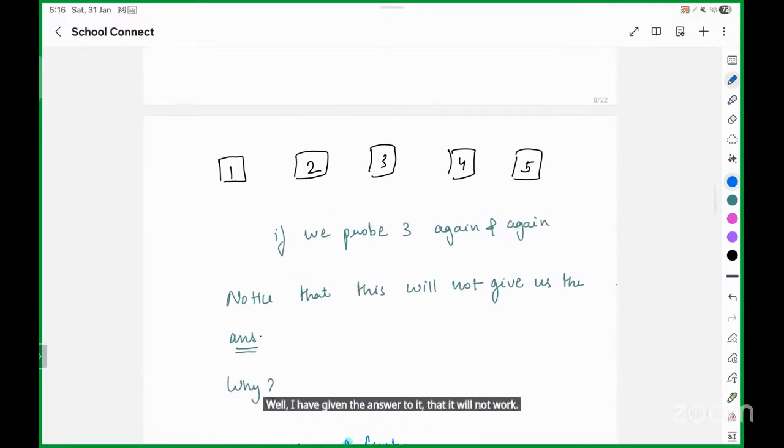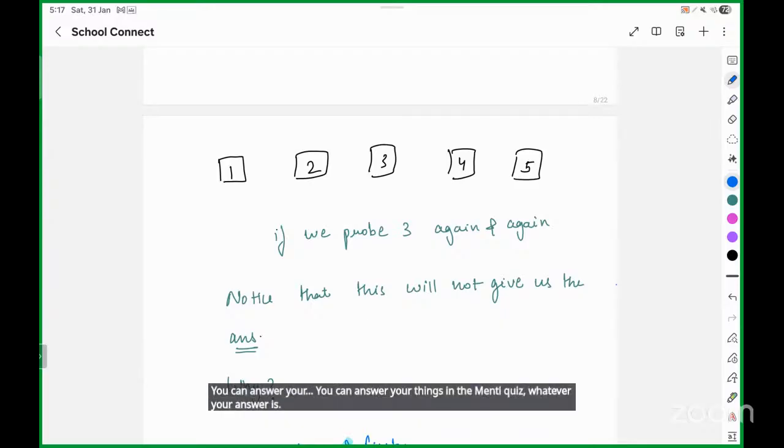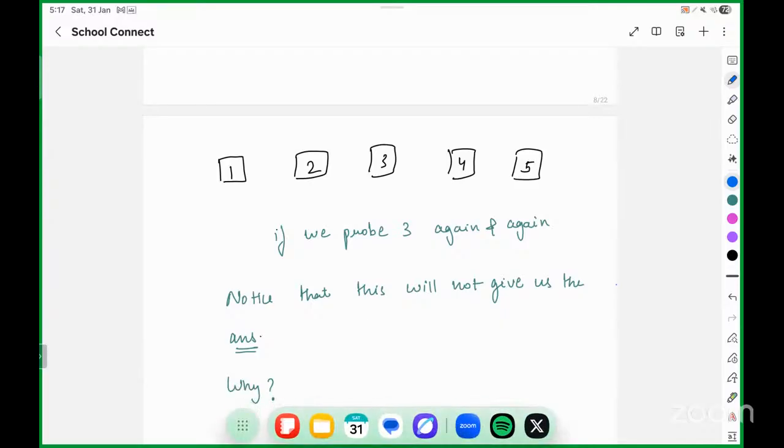Then why does this not work if we ask box 3 again? You can answer your things in the Menti quiz, whatever your answer is. Let me see in Zoom as well if there are any answers.